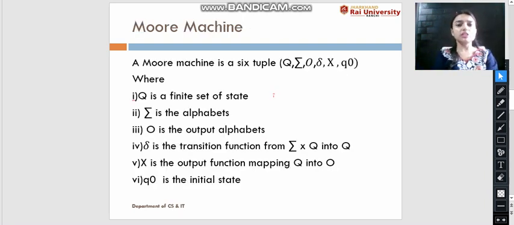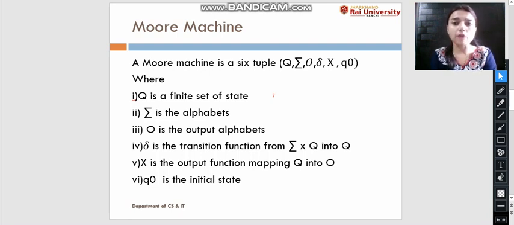Now I will define what a Moore machine is. A Moore machine is defined by a 6 tuple and these are Q, sigma, O, delta, X and Q0. First of all, Q. What is Q? Q is a finite set of states. How many states will be in my machine, that is your Q. And sigma, how many input alphabets are there.